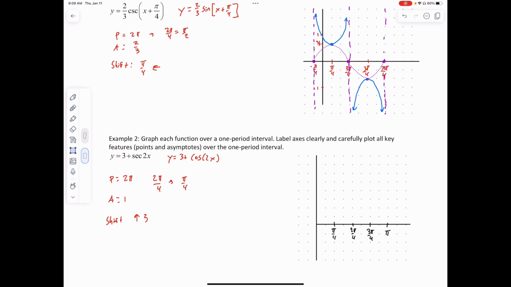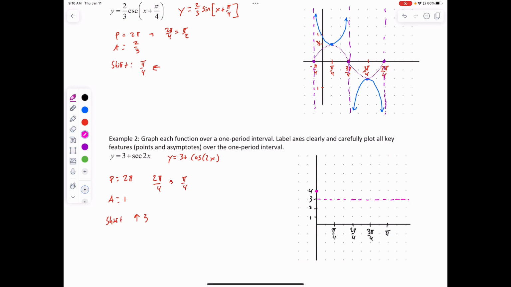And because of that vertical shift of 3, I've got my equilibrium point at 1, 2, 3. This is the equilibrium point where my graph is going to start and stop. So for cosine, I'm starting at 0 at plus 1.